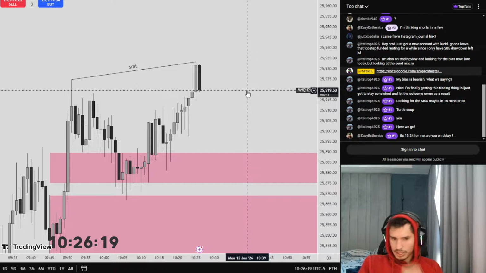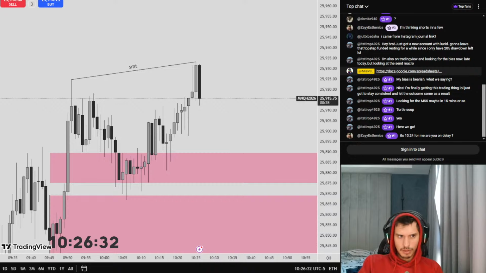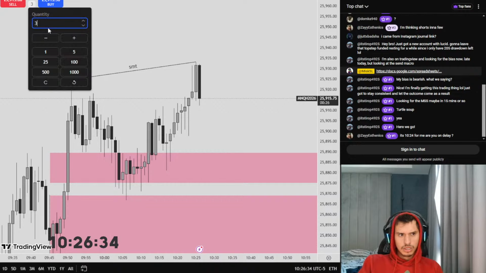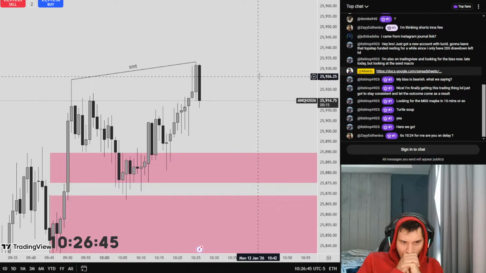Can we get a CRT entry type beat? Might low con it on the funded, probably one or two cons for the early entry. But we have to wait for candle close, which is 20 seconds. Oh, 10 seconds.